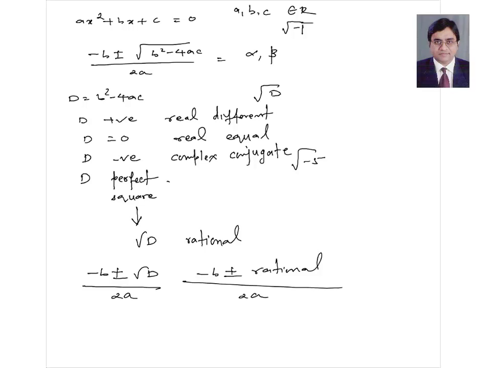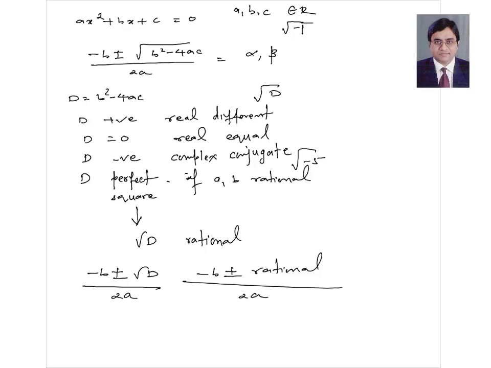But for the fourth point, if a, b are rational, then what would happen? Minus b plus or minus something rational. Minus b is rational, plus or minus some rational would be rational, divided by 2, which is a rational number, would be rational, and then divided by a. a is rational.